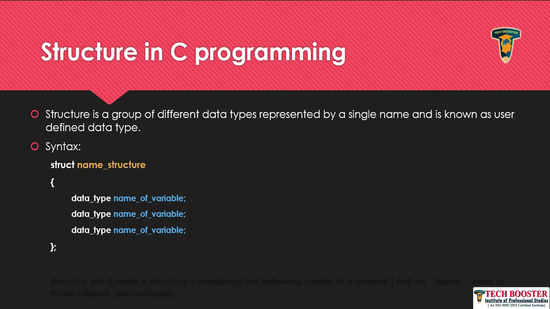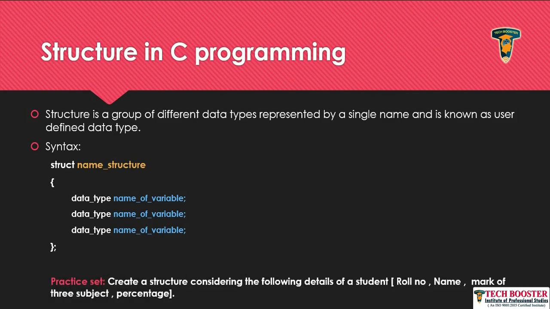Once you're done with this, you can use it in your main function. I'll show you by opening Code::Blocks, but before that, let me consider an example: create a structure considering the following details of a student: roll number, name, marks of 3 subjects, and percentage. We'll consider this as our example, and we'll try to create our structure.